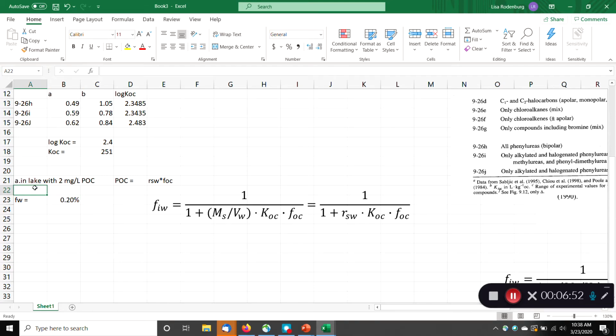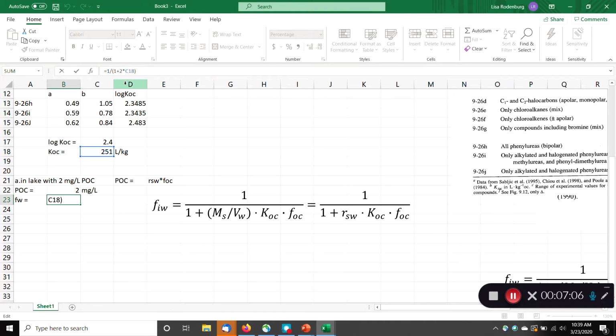What we did wrong here is POC is 2 milligrams per liter, but KOC has units of liters per kilogram. So to get this right, we need to multiply our 2 times 10 to the minus 6 times KOC.